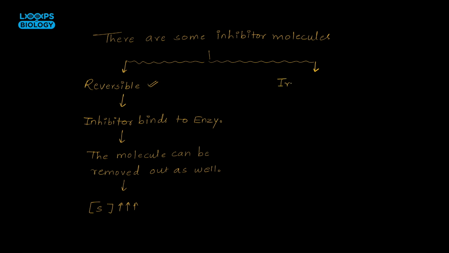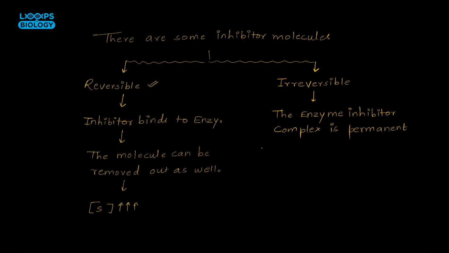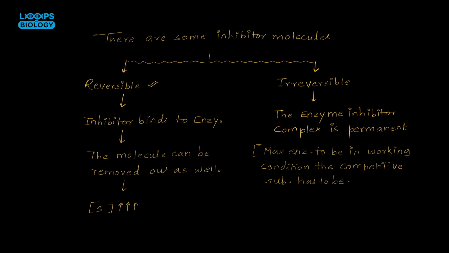But in some cases, it is irreversible. In case of irreversible inhibition, the enzyme-inhibitor complex is permanent, and if we want maximum enzyme to be in working condition, then competitive substrate has to be added.